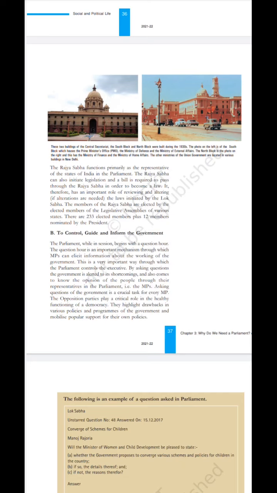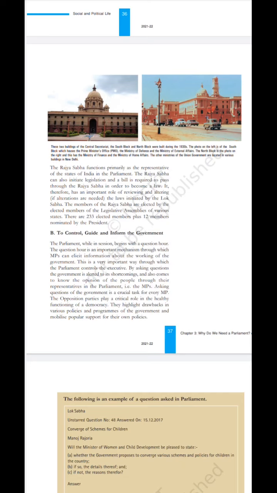Let us look at the following table that shows the percentage of the population who voted in Lok Sabha elections in different years. Lok Sabha election years, voter turnout percent. First, 1951 to 52, 61.16. Fourth, 1967, 61.33. Fifth, 1971, 55.29. Sixth, 1977, 60.49.